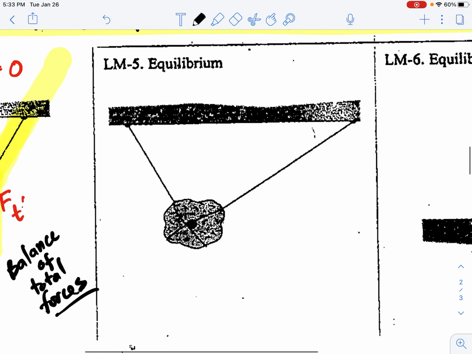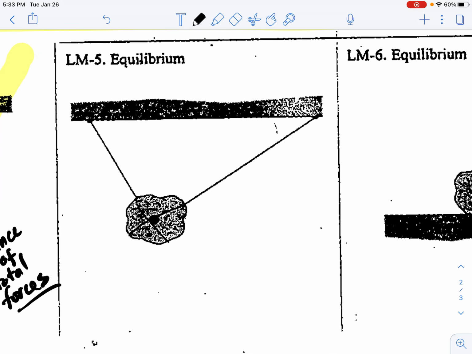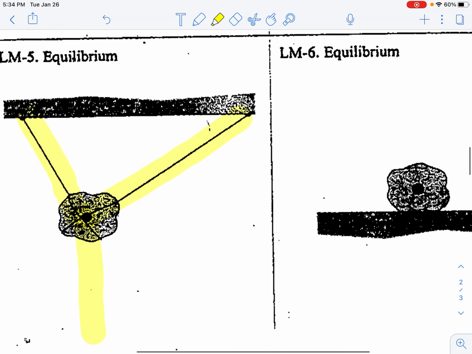All right, so for linear motion number 5, equilibrium, I'm going to just set some of the things in here. There's going to be tension here, tension there, and then the force of gravity here. See if you can fill in the parallelogram to make that complete.